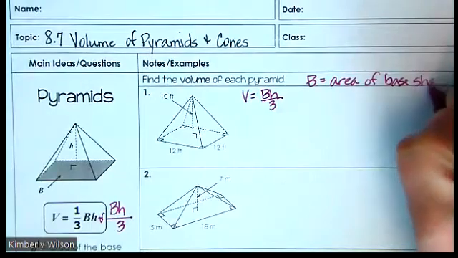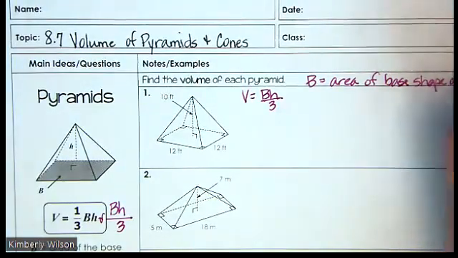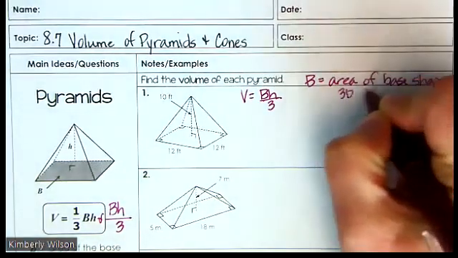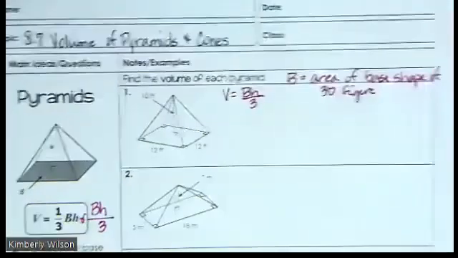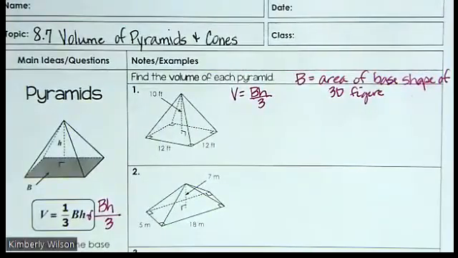Base shape of 3D figure. What's nice about a pyramid and a cone is the base is always going to be the bottom because it's opposite the point.